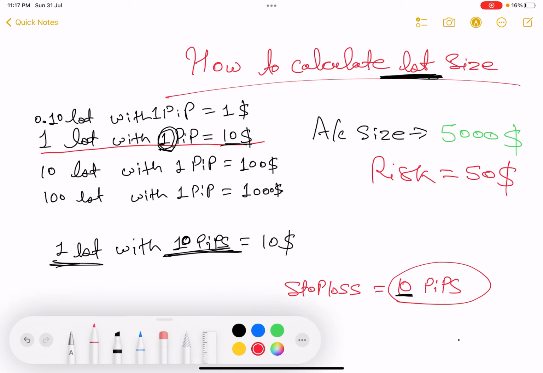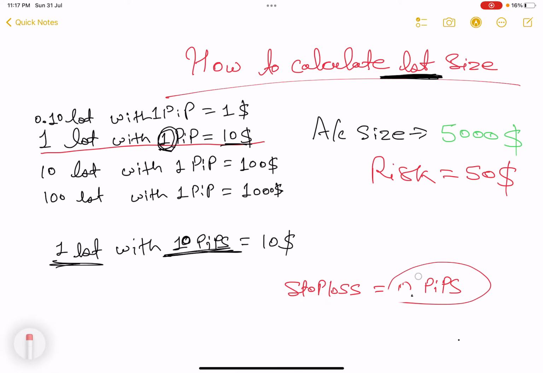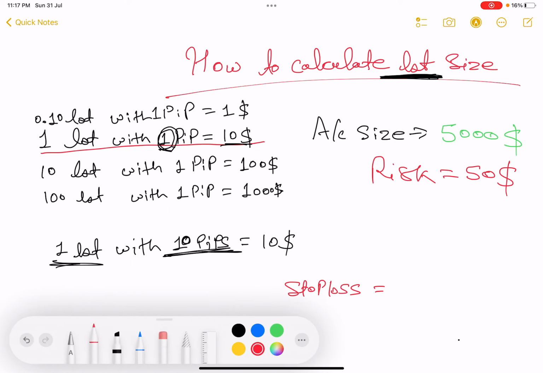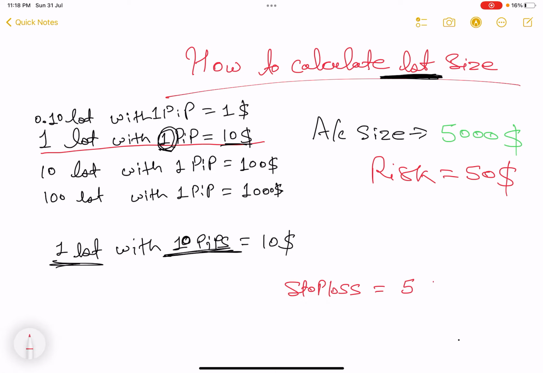Now let's just assume in a particular trade, in this overall example, my lot size and my stop loss pips are, let me remove this first. Okay, so in terms of pips, let's just take this as an example: I have a stop loss of 5 pips.